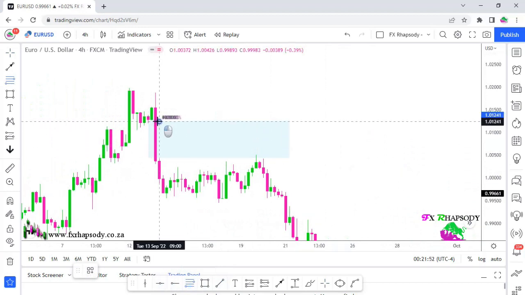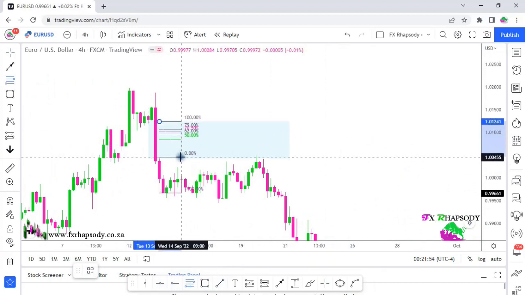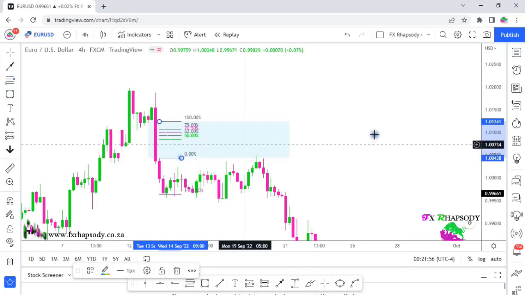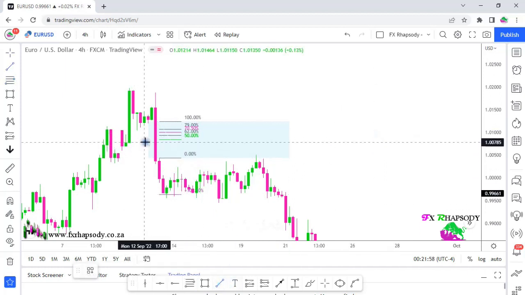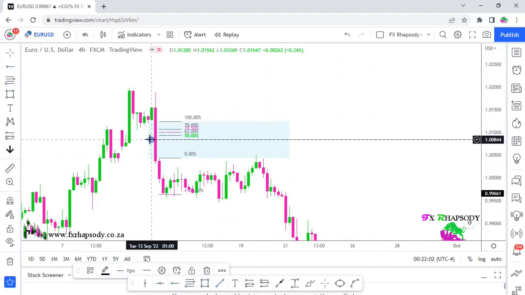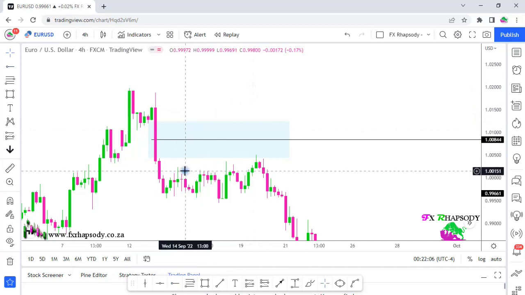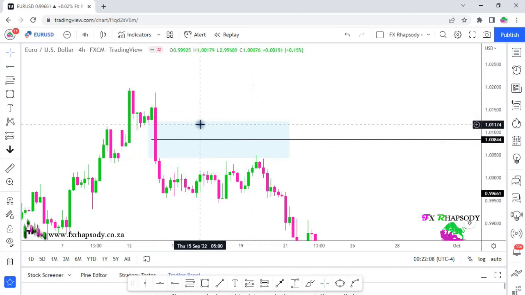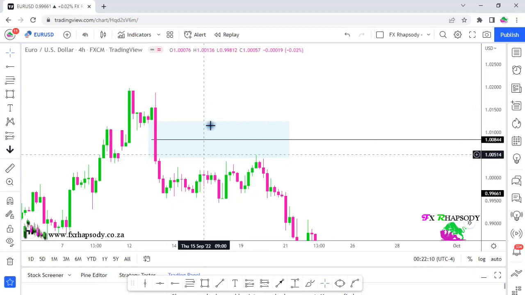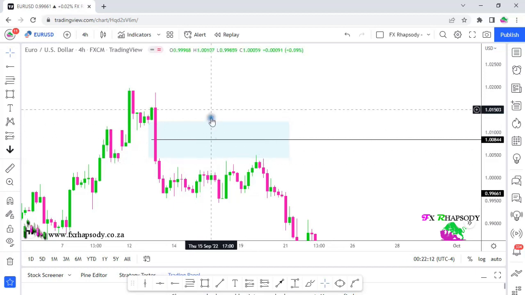So what I do is I just take my Fibonacci out and get the measurement of half of that area. I'm just going to do a solid line through. As you can see, that's 50%. So we all agree that this is the halfway mark of this block, of this imbalance in the market, of this fair value gap.